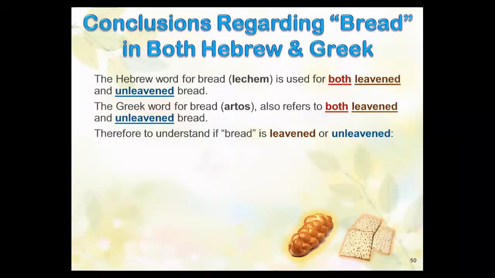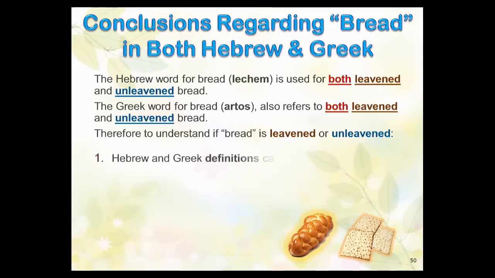Let's look at some conclusions regarding bread in both the Hebrew and the Greek. The Hebrew word for bread, lechem, is used for both leavened and unleavened bread. The Greek word for bread, artos, also refers to both leavened and unleavened bread.